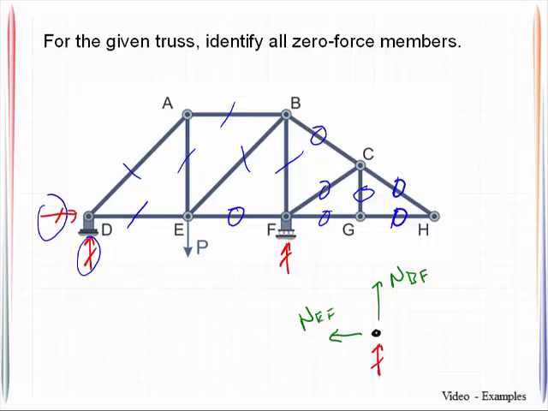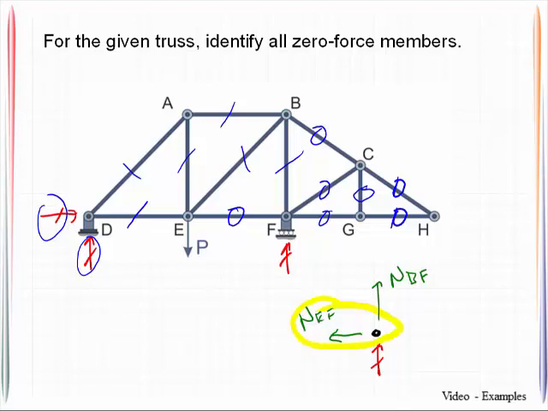If that's my free body diagram, I know that out of necessity, when I sum forces in the x direction, that's going to have to be zero. So that's using just a little bit higher understanding of the overall concept. But nonetheless, even without having to sketch that free body diagram, you should be able to identify bar EF as having been a zero force.